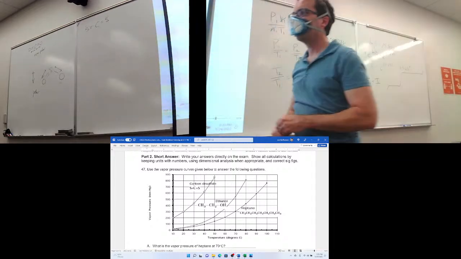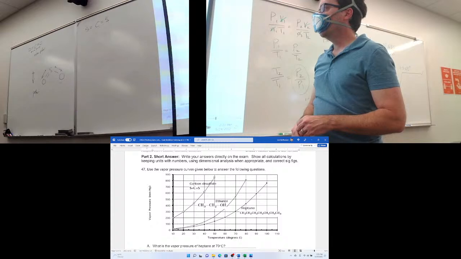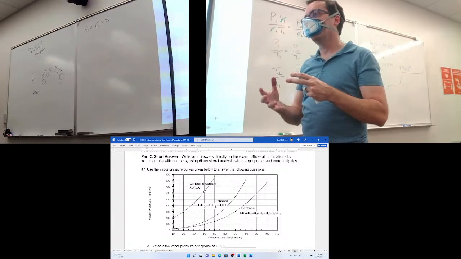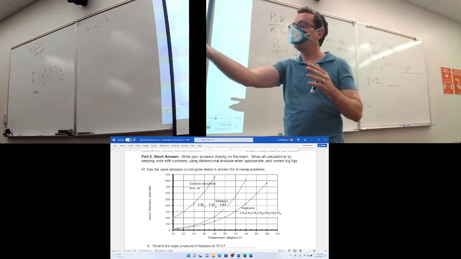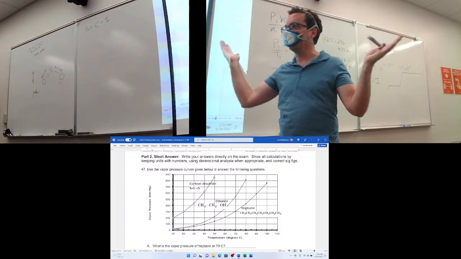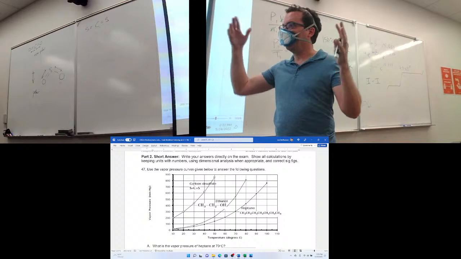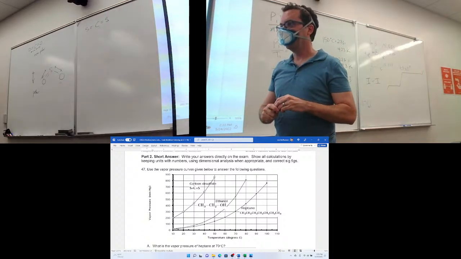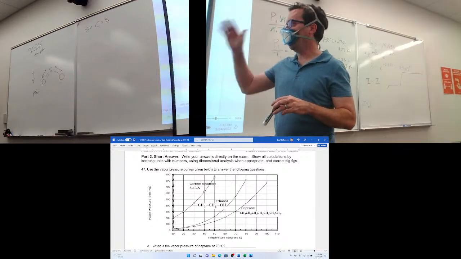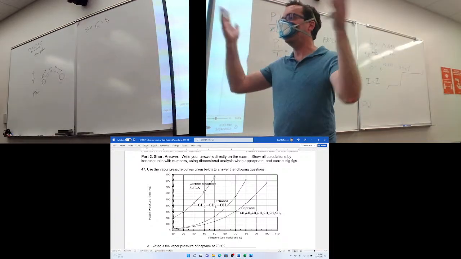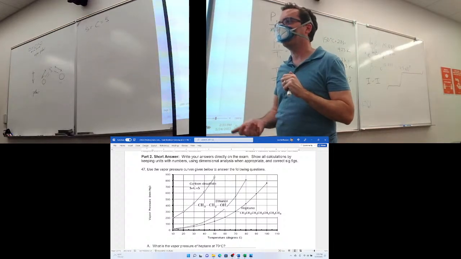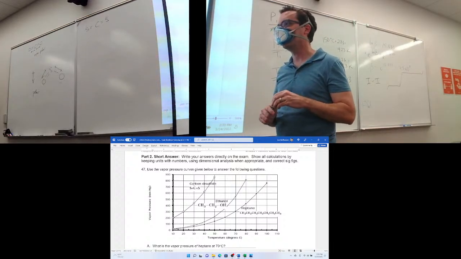Now we've artificially lowered the pressure, just like water boils at a lower temperature when you're on a mountain. Carbon disulfide will boil at a lower temperature when you lower the pressure too. So at 50 degrees, if I artificially heat this stuff up to 50 degrees, I've gone past its boiling point, and so now my carbon disulfide is a gas.